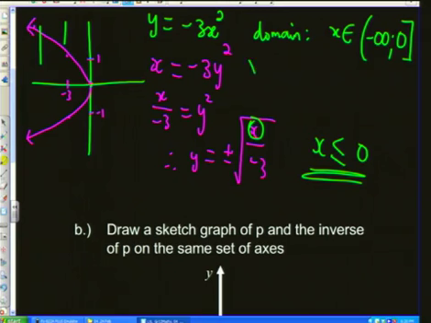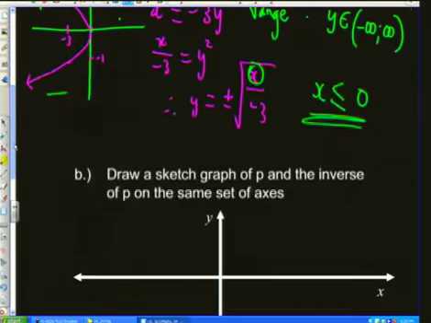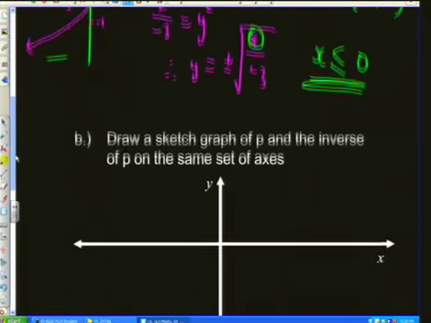Now with my range, y is an element of, so I can have any y value from negative infinity up to positive infinity. This is not an 8 that has fallen down, it's infinity.